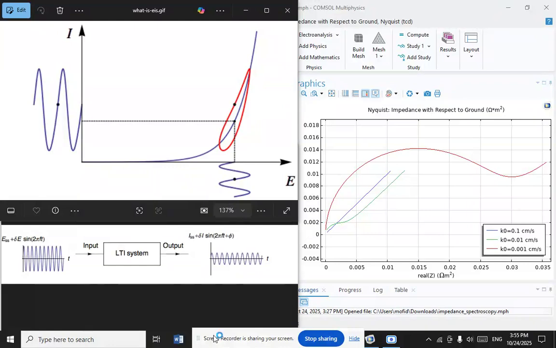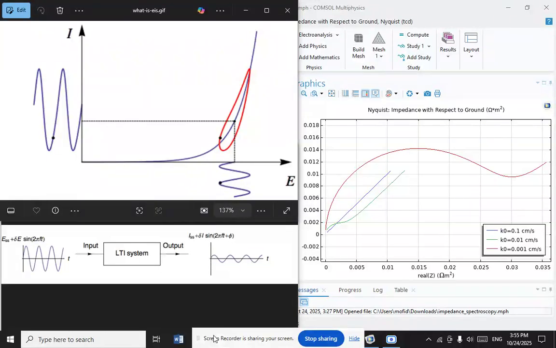Electrical impedance spectroscopy is a technique that characterizes the electrical properties of a material or system by applying an alternating current signal over a range of frequencies and measuring the resulting current. By analyzing how the system's impedance, a measure of total opposition to current flow, combining resistance and reactance, changes with frequency, it is possible to gain insight into the material's structure and function.